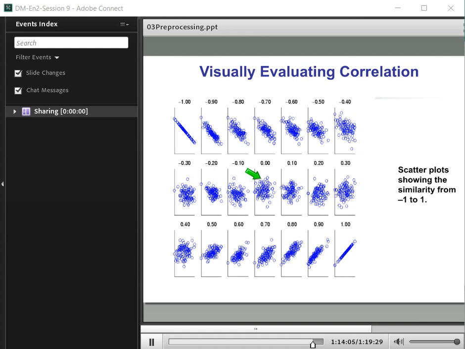But when the Pearson correlation is 0, I cannot say something like this. Increasing one of them maybe increases the value of the other, or maybe decreases its value.